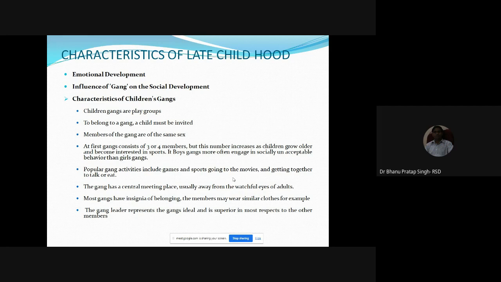Means if one gang is not familiar with another's play, then their play may be as per the interest of this particular group of late childhood. The gang has a central meeting place, usually not watched or under the watch of adults.